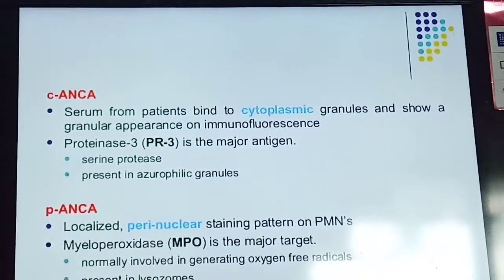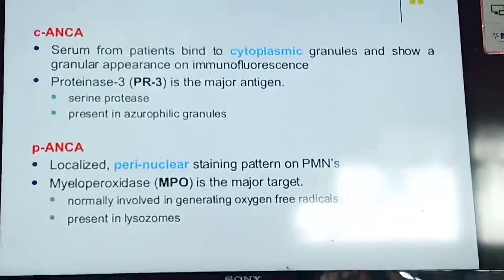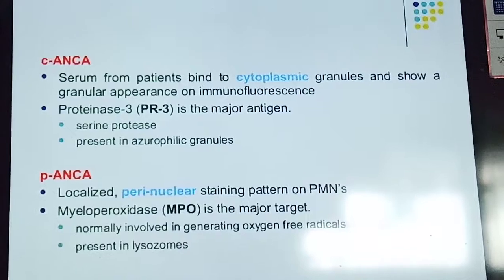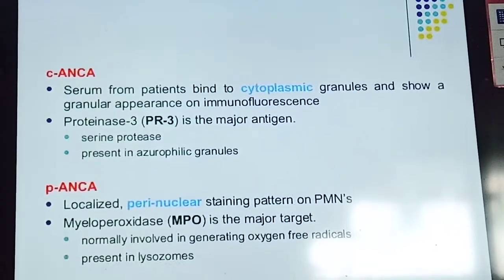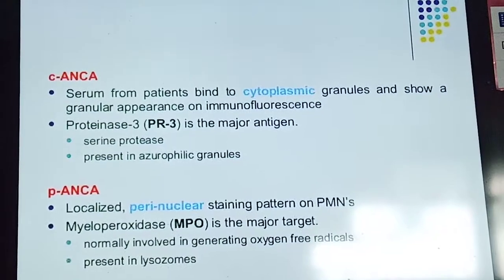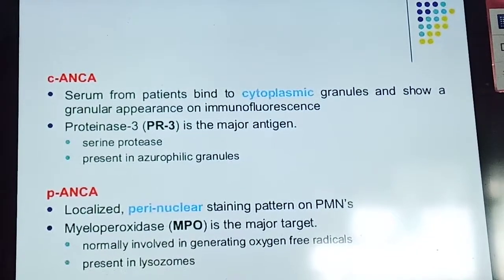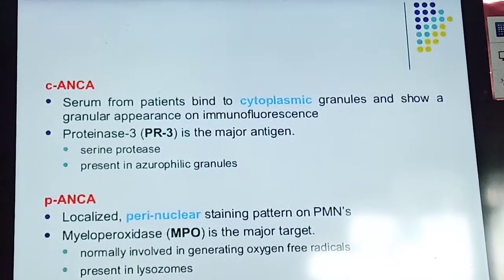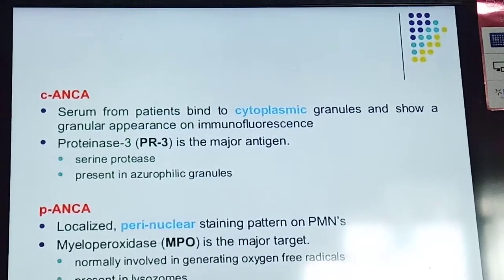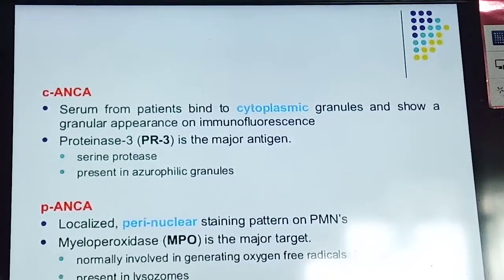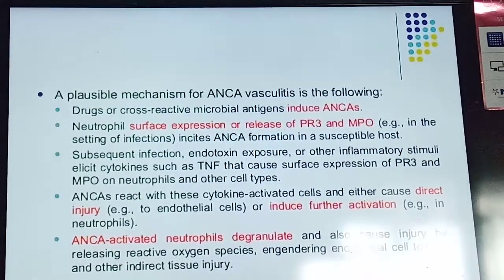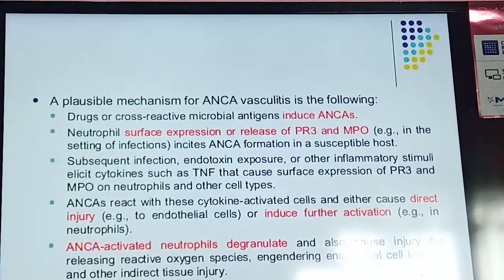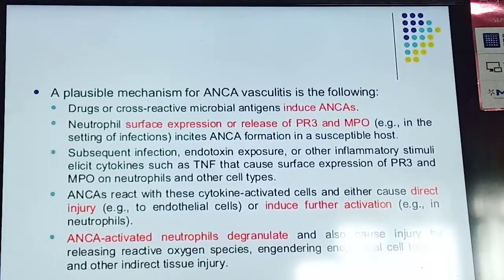P-ANCA is localized in the perinuclear region, with a staining pattern on polymorphonuclear leukocytes. Myeloperoxidase, or MPO, is the major antigen, normally involved in generating oxygen free radicals, and is present in the lysosome. So these are the differences between C-ANCA and P-ANCA, their location and release of the enzyme, and their involvement in different disease conditions.